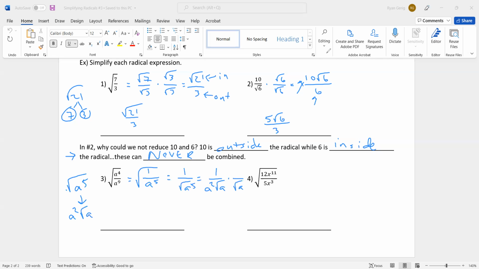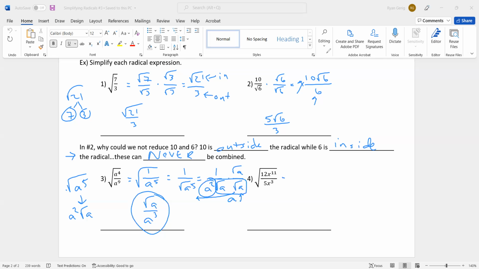So I'm going to multiply by fancy 1, which in this case is square root of A over square root of A. 1 times the square root of A is just the square root of A over this A times the square root of A times the square root of A becomes square root of A squared, which is just A. But then I also have this A squared that I can't forget about. So A squared times A is A to the 3rd. Can't combine anything. That's my final answer.